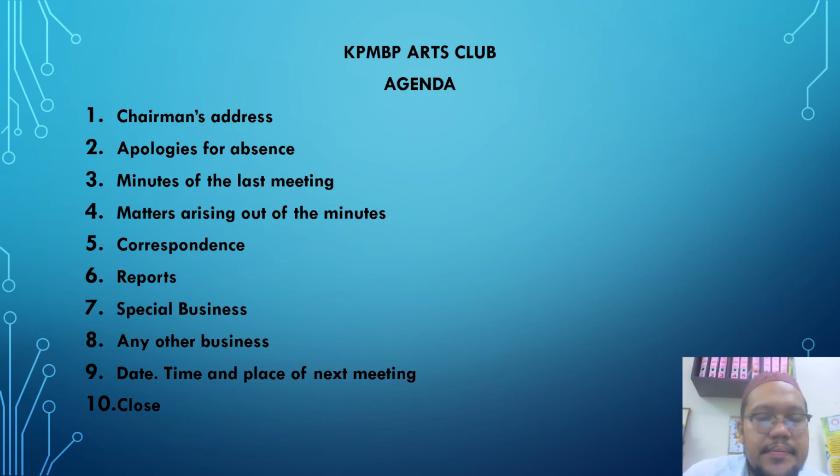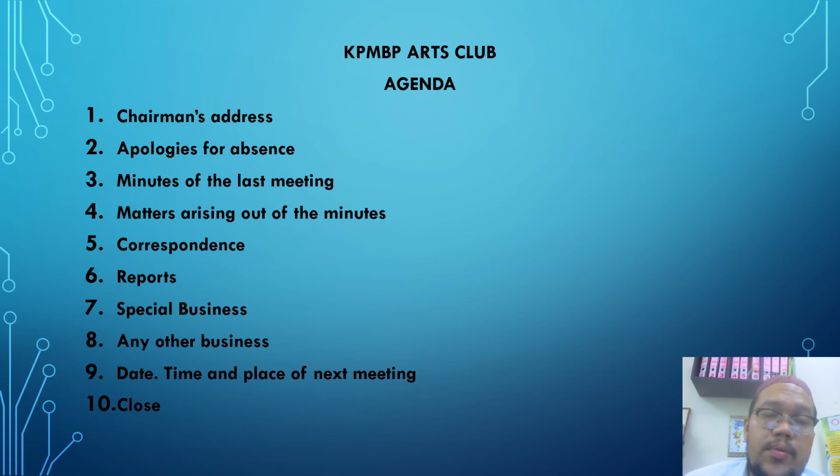All right. So special business, you can actually specify it into 7.1, 7.2. Maybe there are other committees who also want to present another thing. All right, usually we put 7.1, 7.2 or 7.3, depending on the duration of the meeting. If you have long time to discuss, be realistic.